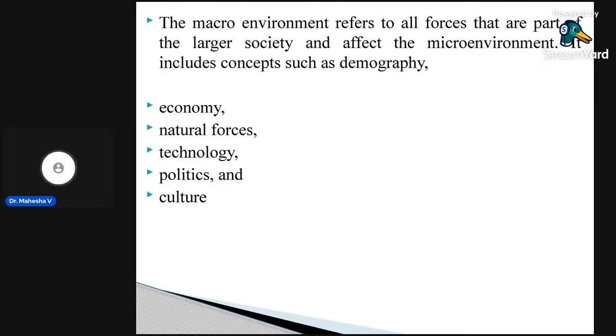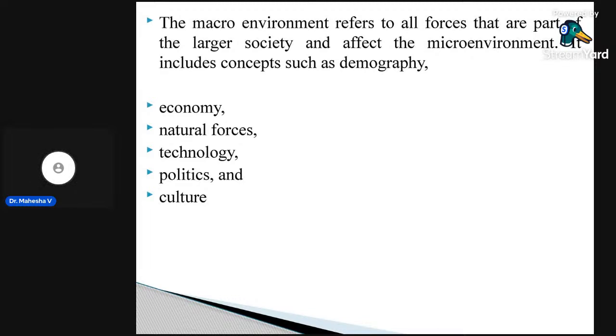Suppose in one particular market segment, the total population is 50,000. Out of 50,000, 20,000 customers are buying your product. Suppose after 5 years the population goes to 75,000. Invariably, your sales will be 30,000.